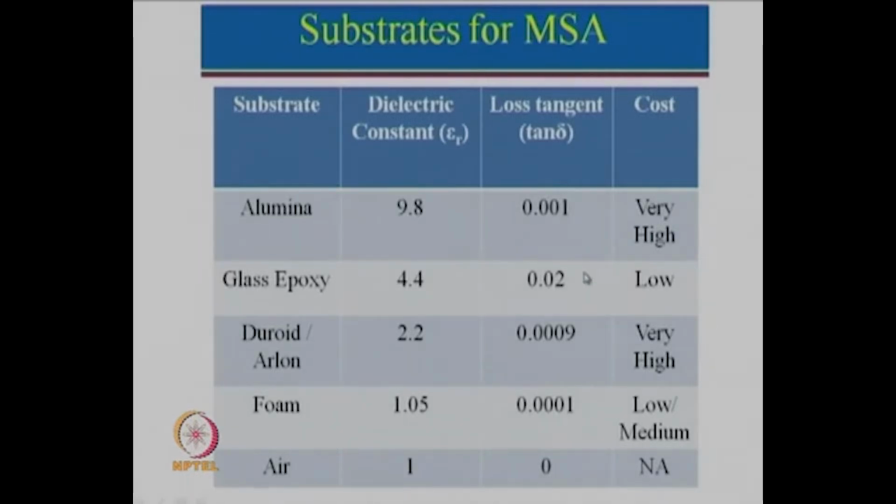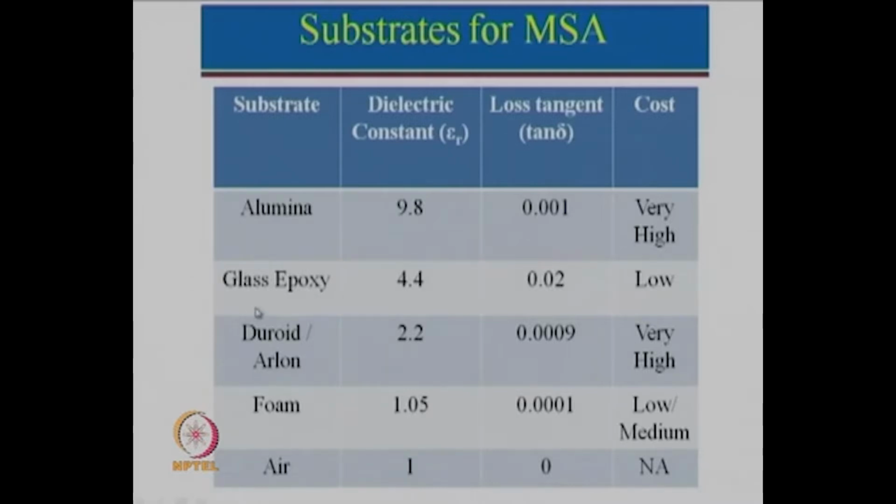The problem is that the loss tangent is very high, which is 0.02, but the big advantage is that the cost is very low. Just to give you an idea of low versus very high, the cost can be 30 to 50 times more than this particular substrate. So the overall cost of the antenna increases significantly.